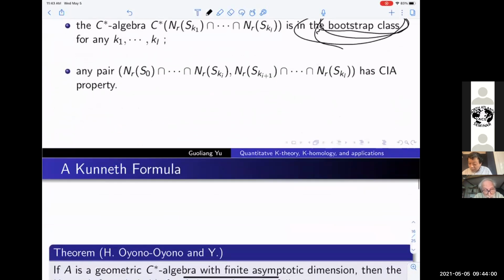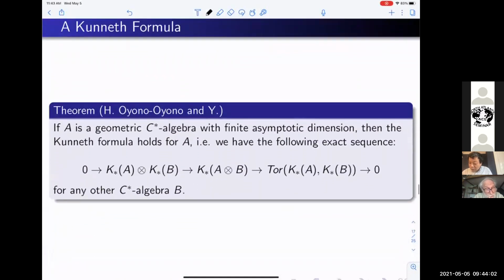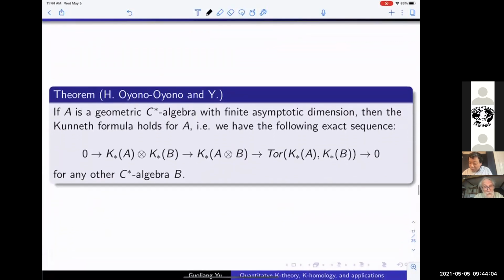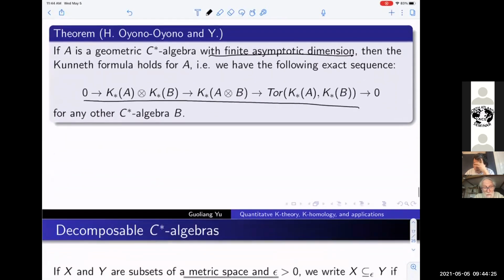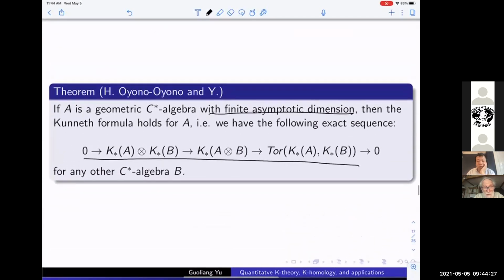Then you have this Mayer-Vietoris sequence. And under this condition, you can, for example, prove the Connes formula simply by computing the K-theory in one of the variables. This is something we did a couple of years ago.